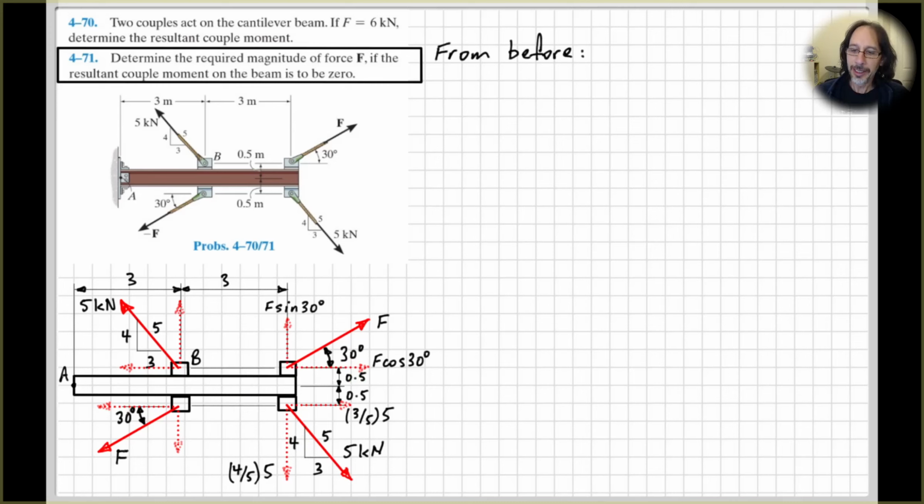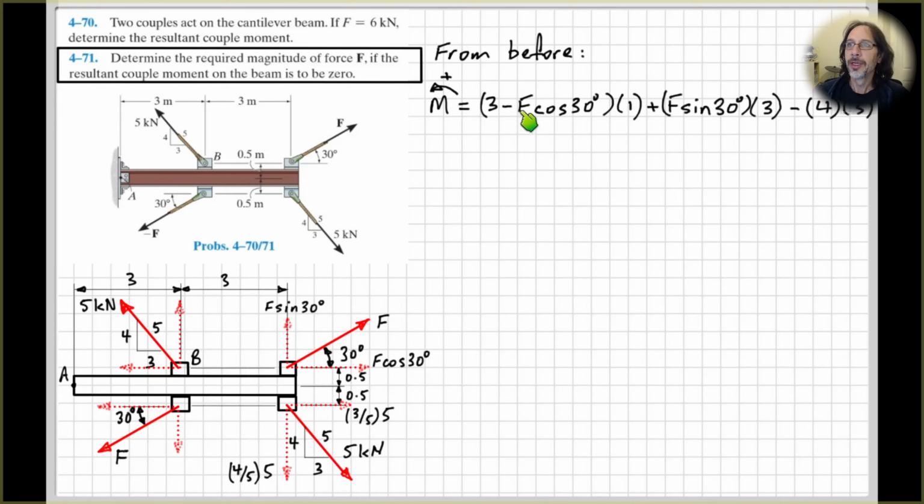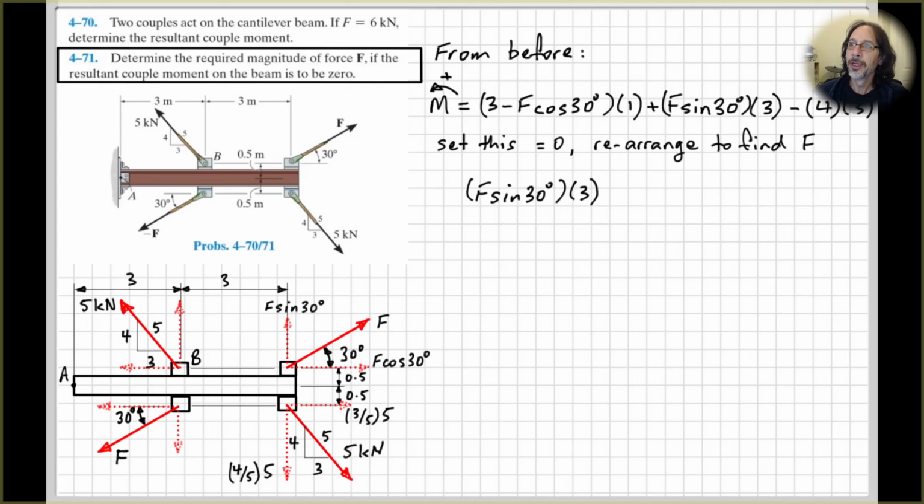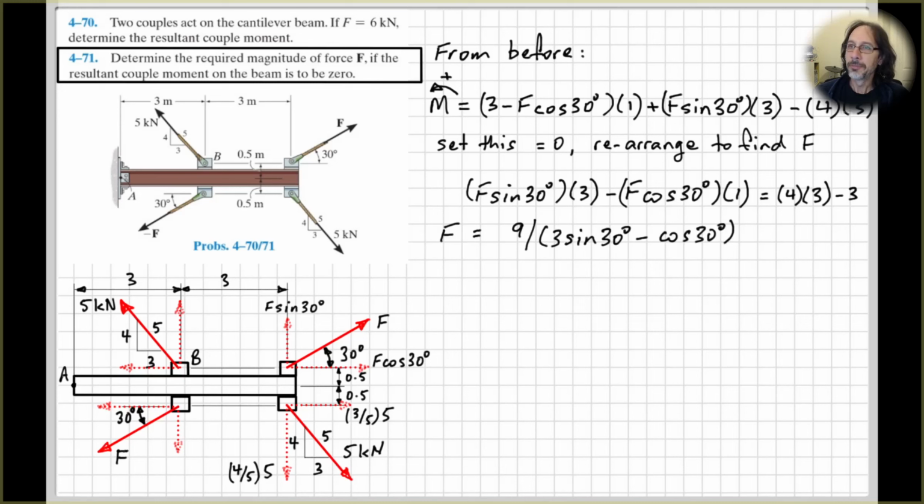So from before, we had that equation that included our force variable F. So now, instead of being given a value, we want to know what value of this force will make the net moment 0. So we just have to set that equation equal to 0 and rearrange to find F. So doing that rearrangement, we get that, and then we can do further rearrangement and then put that into our calculator to calculate for that unknown force, which in this case turns out to be 14.2 kilonewtons.